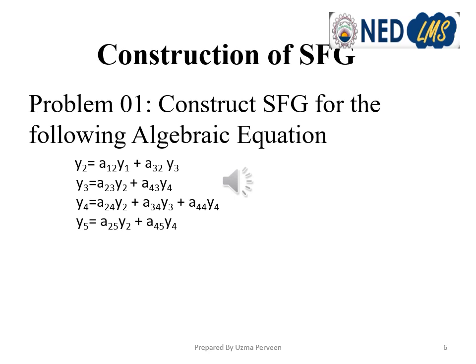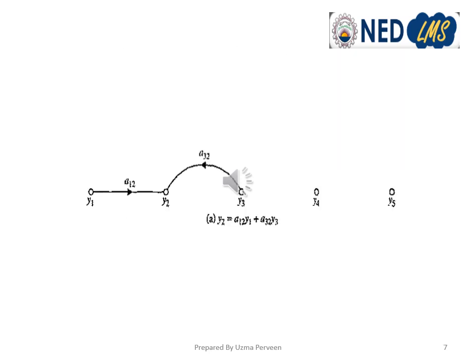Let's construct it. The first equation is y2 equals a12 y1 plus a32 y3. We have just discussed that for the first term, y1 is input, y2 is output. Every variable is represented by a node, and we have 5 variables, y1 as input node, then y2, y3, y4 and y5.